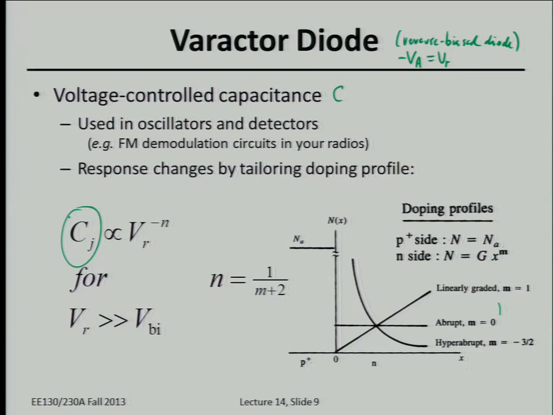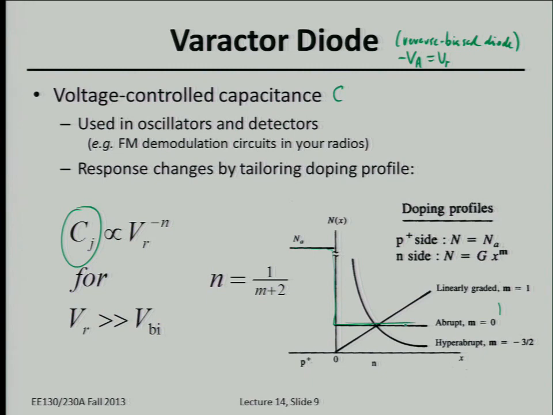Okay, so the junction capacitance depends on the doping profile. Abrupt is what we've been studying, a step function, step doping profile. But during the fabrication process we can tailor the doping profile so it's linear or has all kinds of possibilities, different doping profiles versus distance.